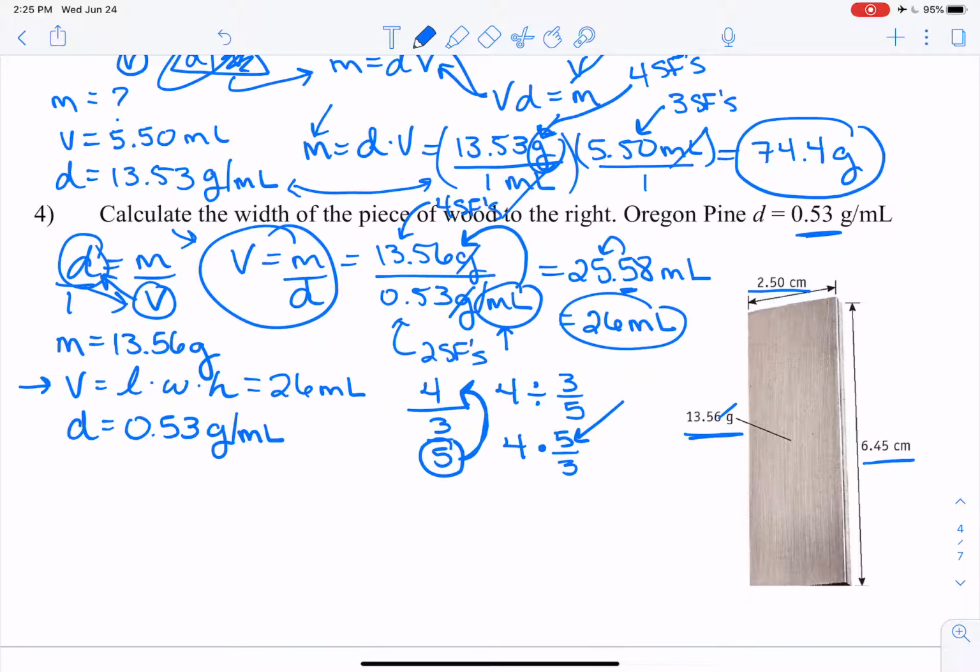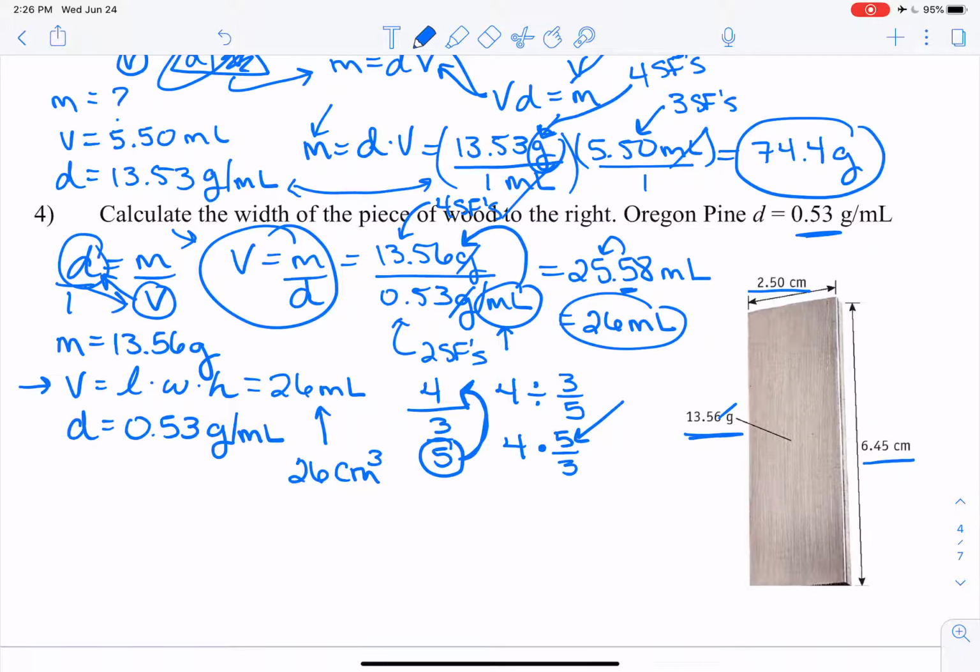So another little thing. We are on the problem of finding the width from the volume. And you might be saying, I have no idea how to get from milliliters to centimeters. Yes, you do. 26 milliliters is the same thing as what? 26 centimeters cubed.